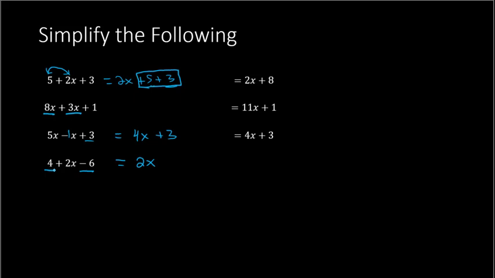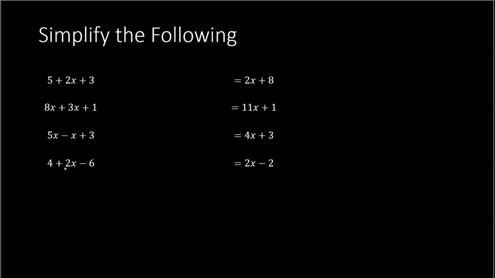So if you start with 4 and then you subtract 6, what is 4 minus 6? Well, 4 minus 6 would be a negative 2. Right? Make sure you know how to add and subtract with any numbers, with positive, negative, or anything. But 4 minus 6 would be negative 2. So your solution should be 2x minus 2.